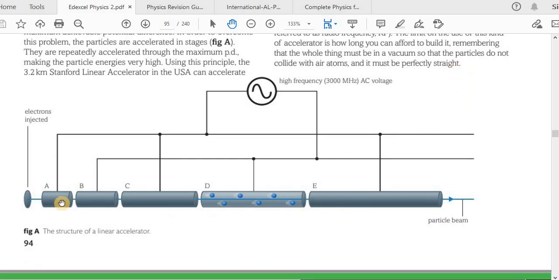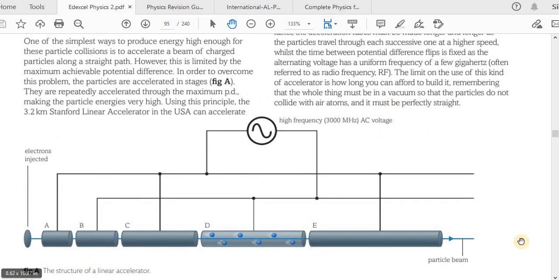Now remember, since we are accelerating it in a straight line, this has to be perfectly straight, and also we have to remove all the air from here. I mean, when this is built, to remove all the air means to create a vacuum in here, because otherwise those particles will collide with air molecules that are here. So we need a vacuum, and also we need this to be straight. That's what they are saying.